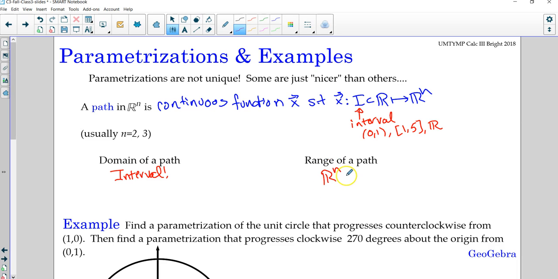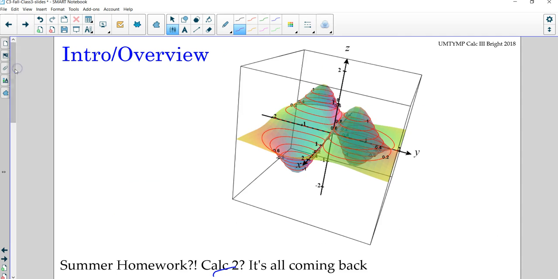And this is actually a curve, some sort of curve in n dimensions, again, where n is generally 2 or 3. All right, so with that language in mind, let's go on to an example here.